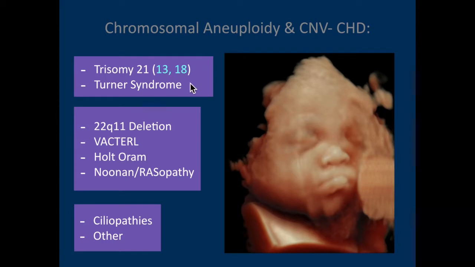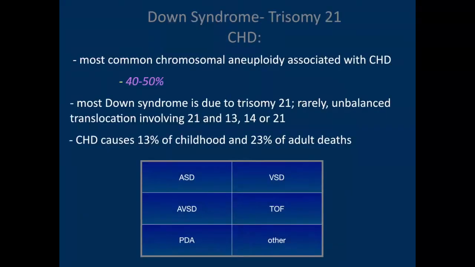I mentioned 13 and 18 briefly, only to keep in mind that congenital heart disease is common in these disorders, but I'm not going to spend too much time on them owing to their lethality. As far as other syndromes, we're going to touch on 22q, VACTERL, Holt-Oram, and Noonan/RASopathy, keeping in mind that, again, this is by no means an exhaustive list.